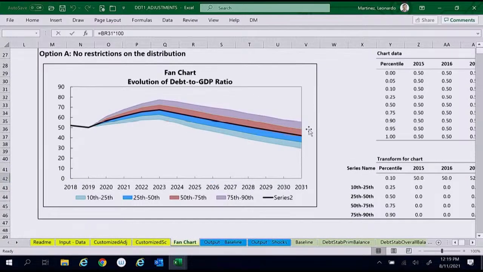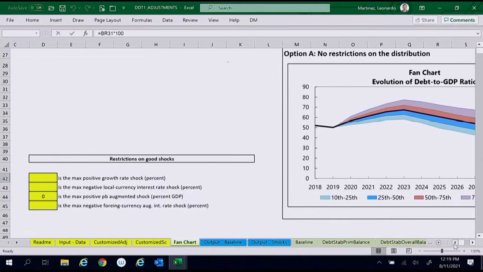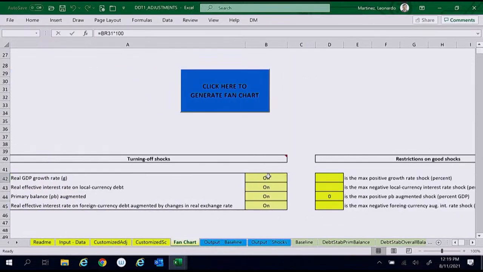Now, we see that the symmetric fan chart is centered around the baseline scenario. For reporting back to the ministry, we will assume a symmetric distribution of shocks, and thus focus on the symmetric fan chart. We will also assume that all shocks are activated. To confirm this, all shocks must be on.